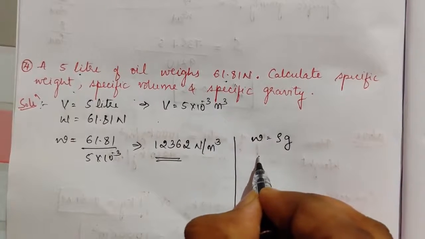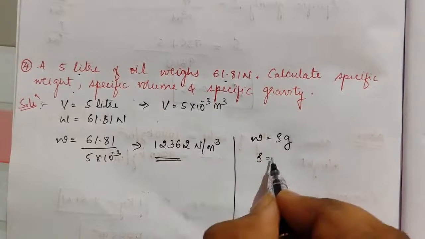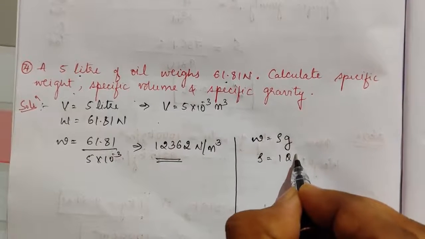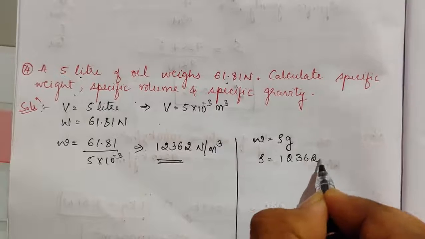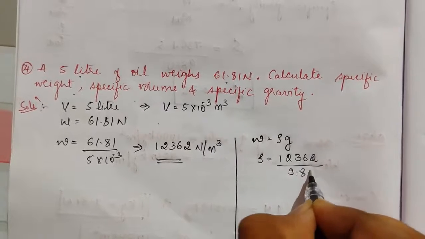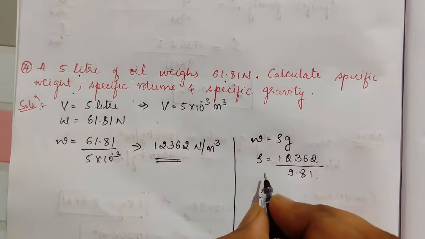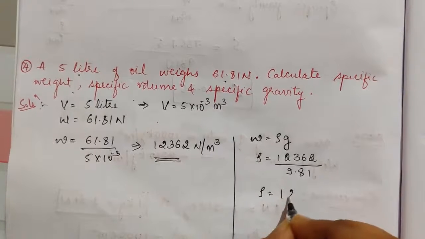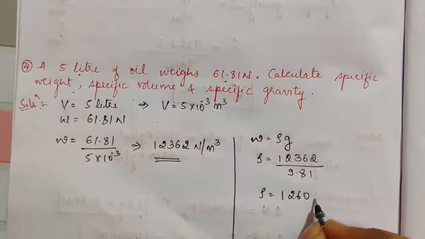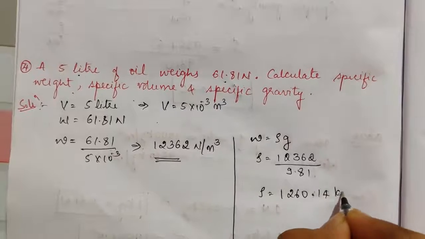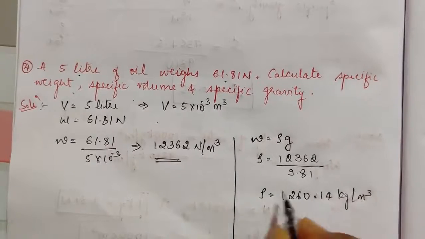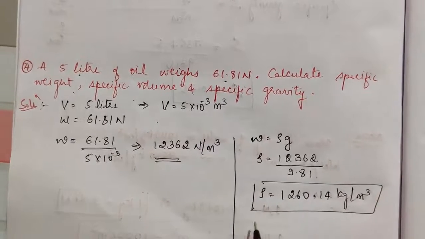So now density is equal to what? 12362 divided by 9.81. So it will be 1260.14 kg per meter cube is your density.